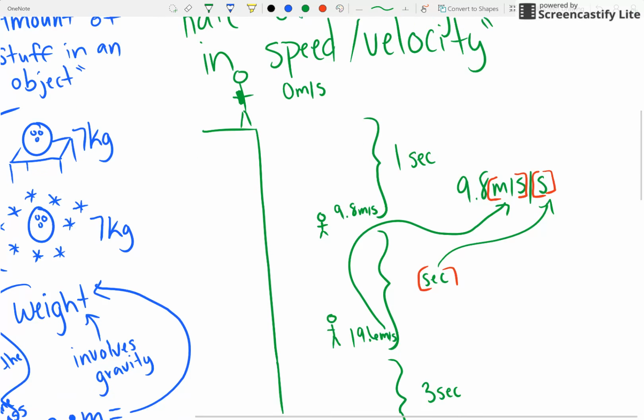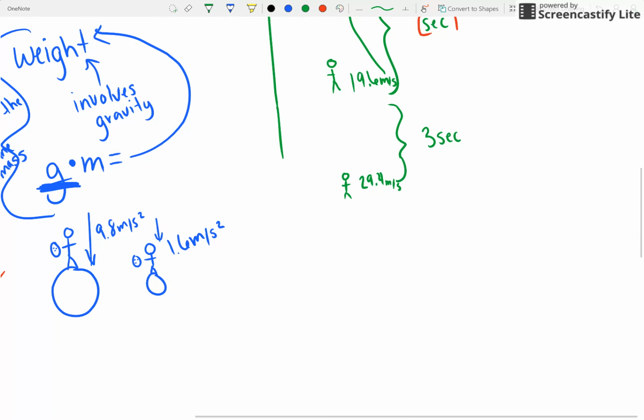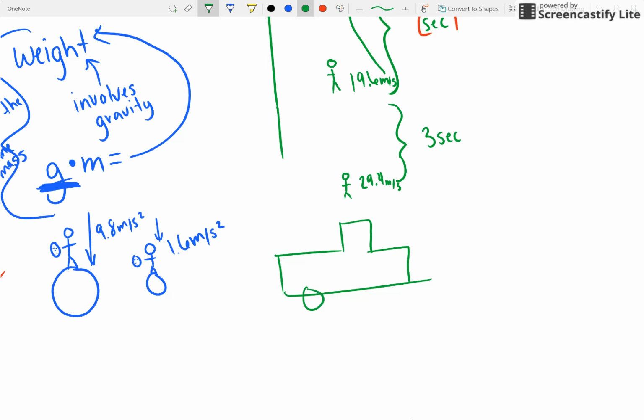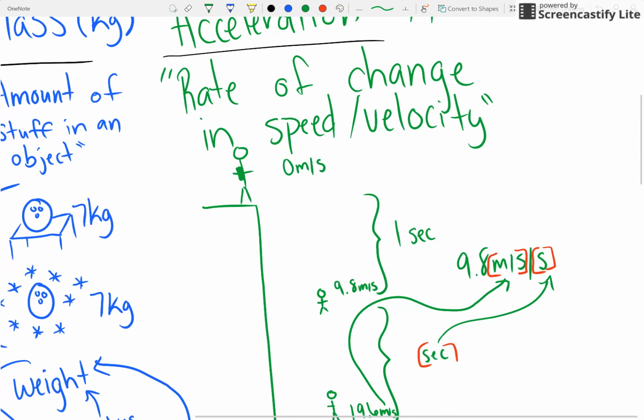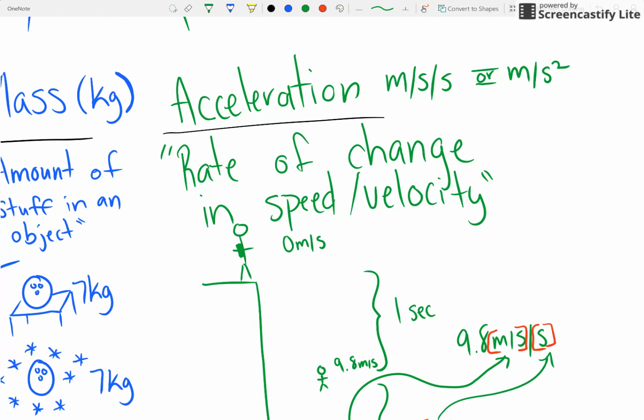So the rate of change in speed and velocity, you can either say that you are speeding up in your truck or slowing down. Both of those are considered acceleration or deceleration, and that is the rate of change in your speed.